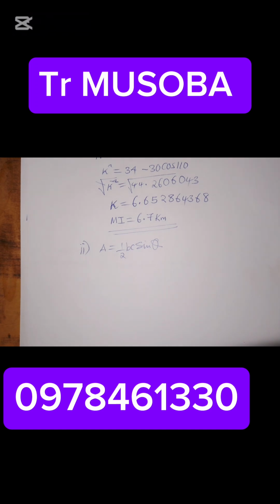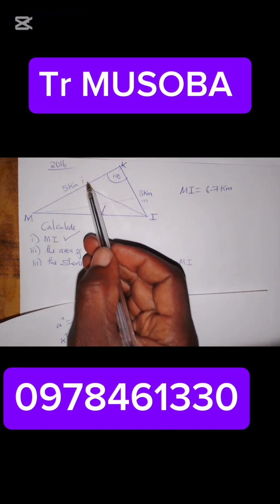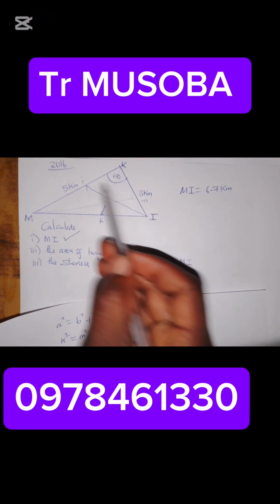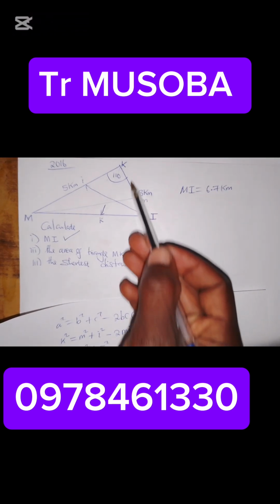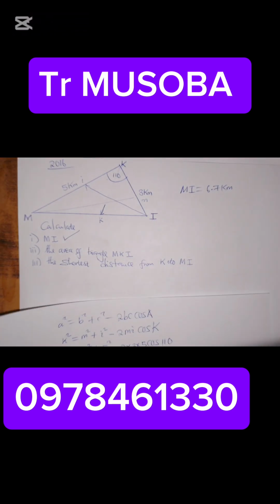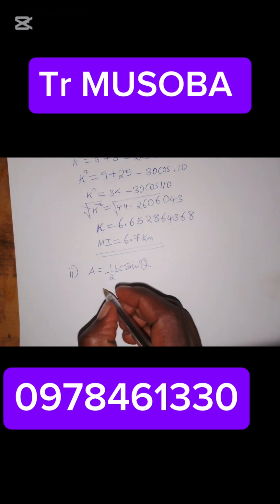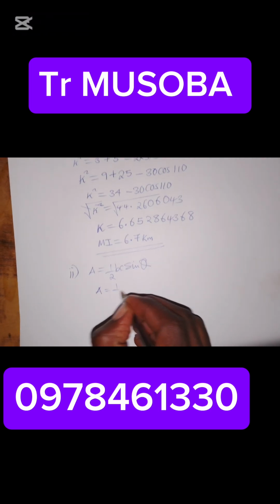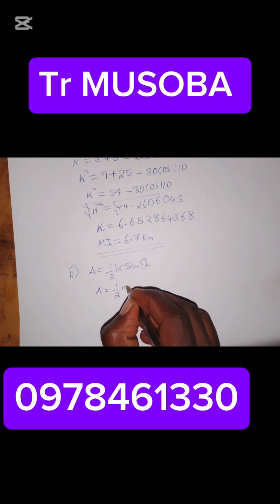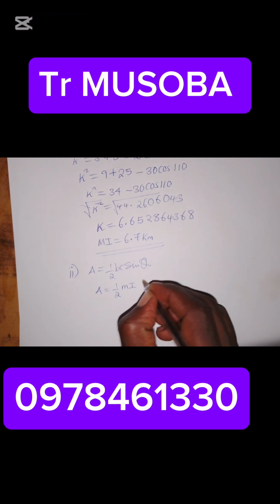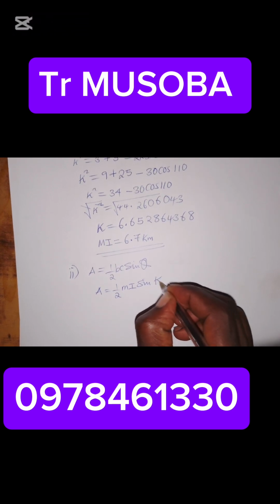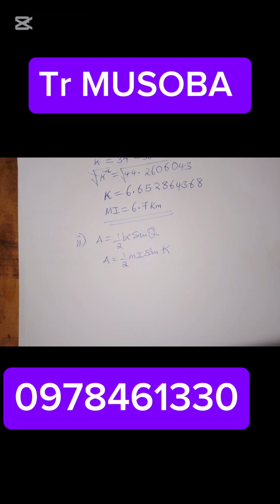Now, we need to have this side and this side, then sine K. So we say area is equal to half of MI, then sine K.